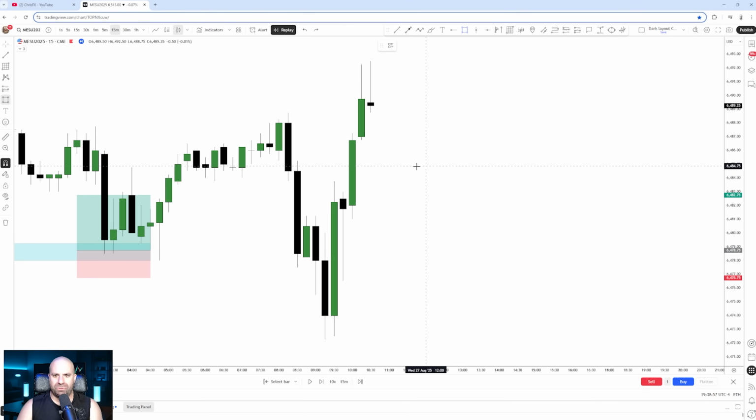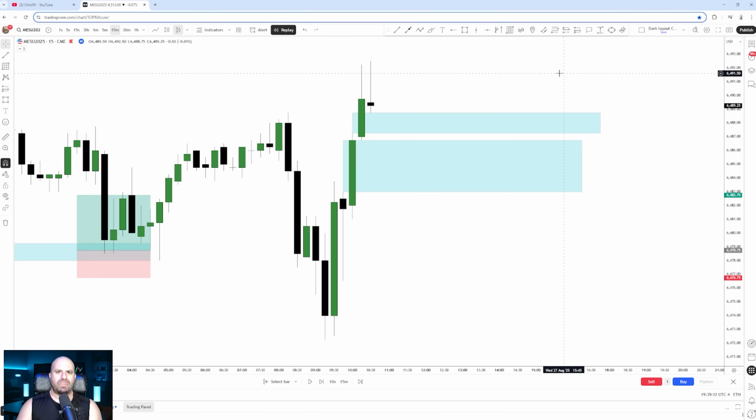So here we have two gaps. The one that is created here is an unfilled gap. If this candlestick were like that, it would have filled it and it wouldn't be a fair value gap. And another gap from the bottom of this candlestick to the top of this one. What did we say? We take only the bottom one.